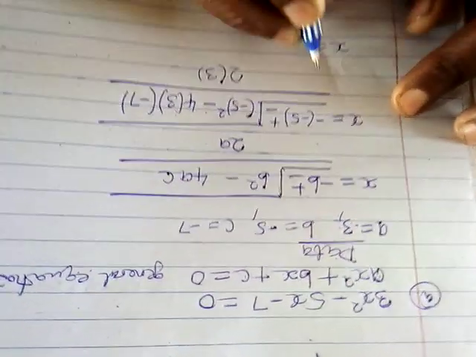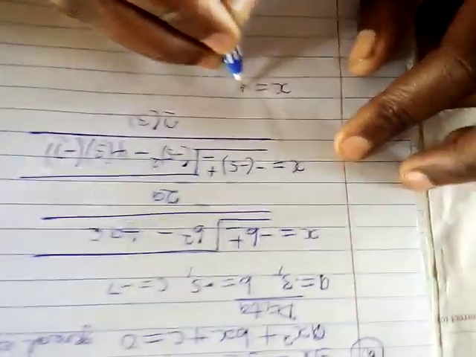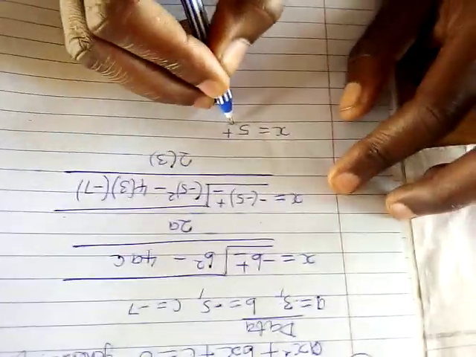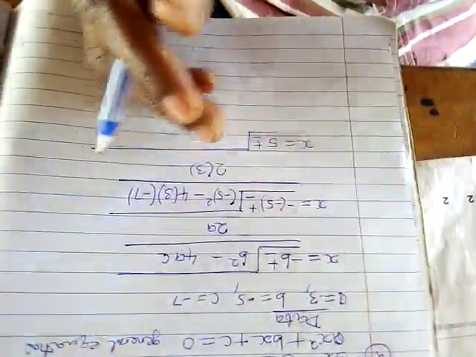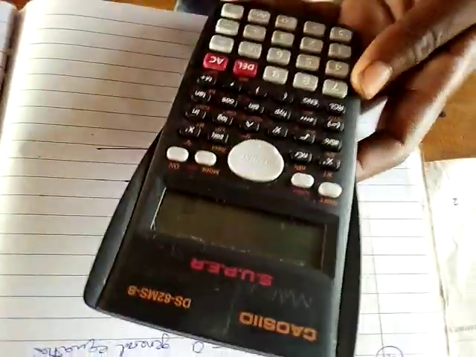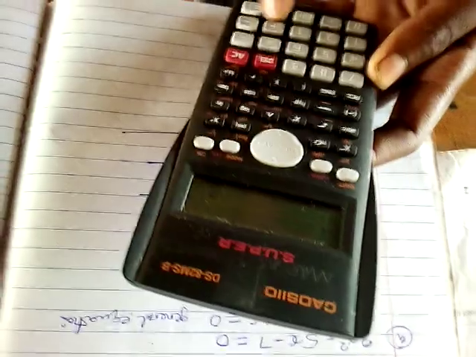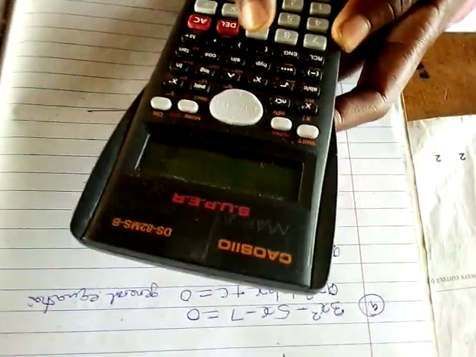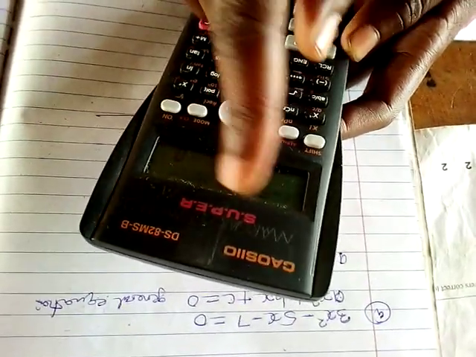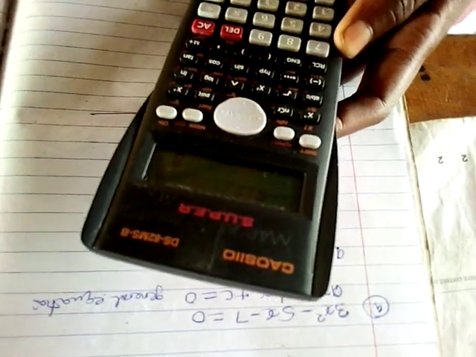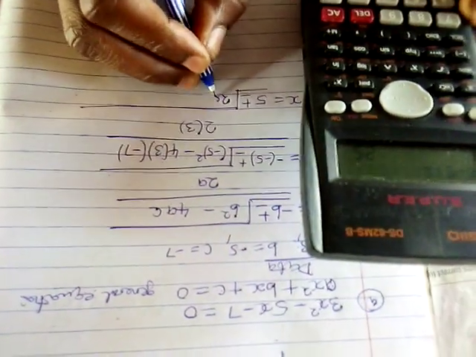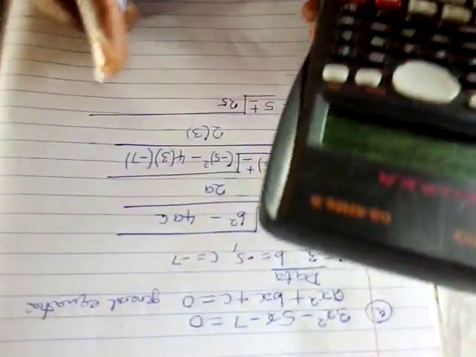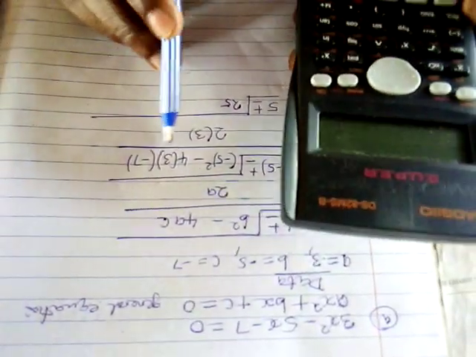X is equal to negative times negative is positive, so it's a 5, positive or negative, square root of negative 5 squared. How do you punch it on the calculator? You do it like this: negative 5, inside the brackets, then you square. Negative 5 squared is 25. Then now you multiply.